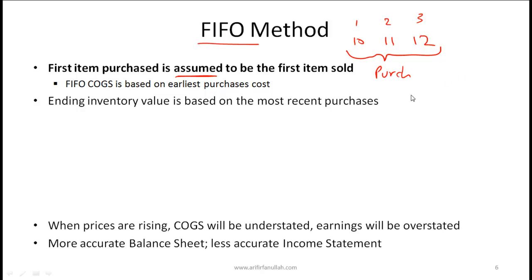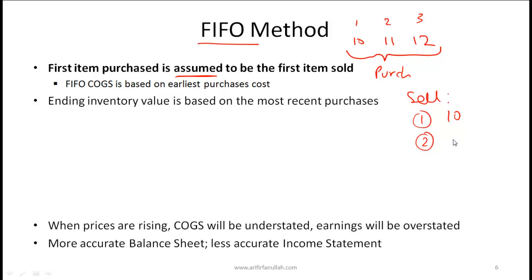Now when you sell, we assume that the first item sold is first out, so you use COGS equal to 10, and then the second chair that you sell, you assume COGS is 11, and so on. Third item would be 12. So notice that your COGS is based on the earliest purchase.